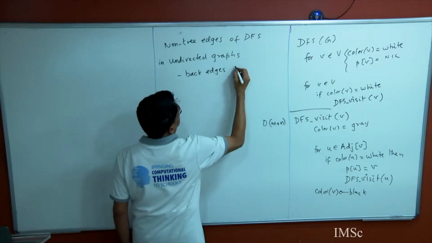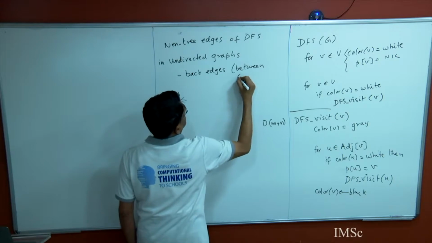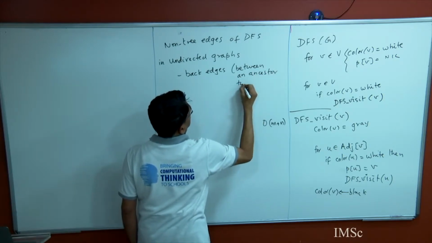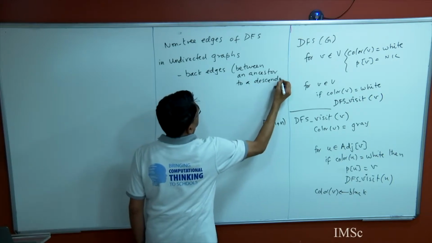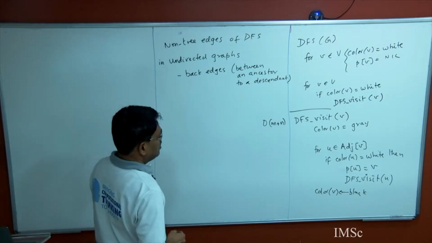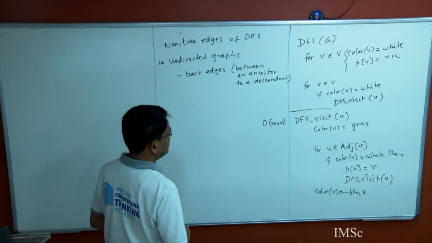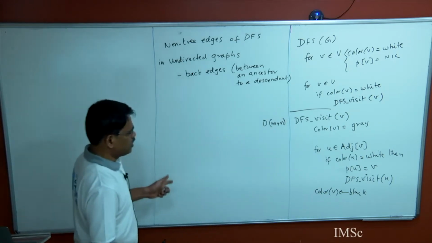Between an ancestor and a descendant. That's how it will be. We'll do an example because I want to add more things here, and then we'll do a comprehensive example.